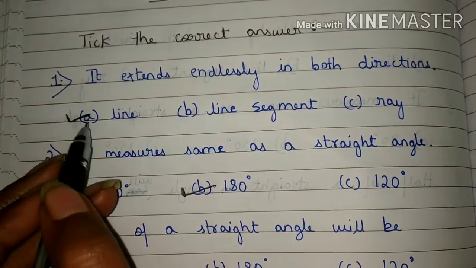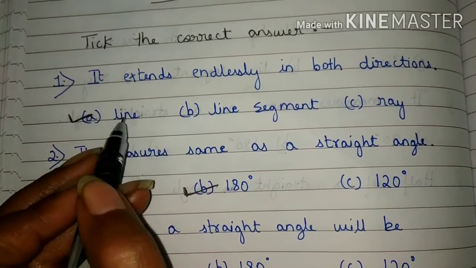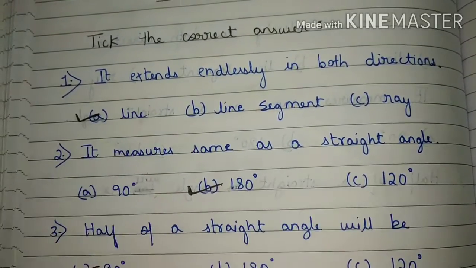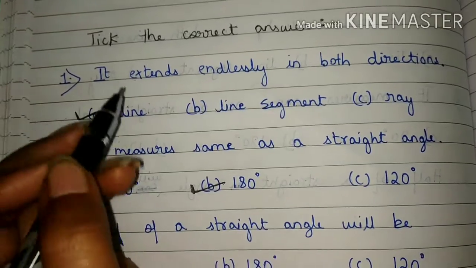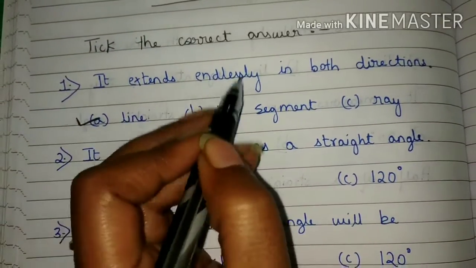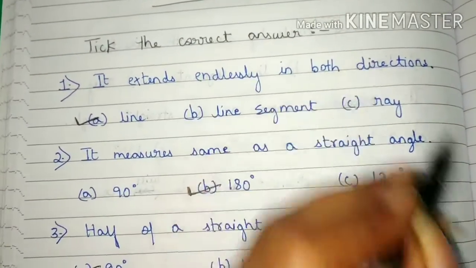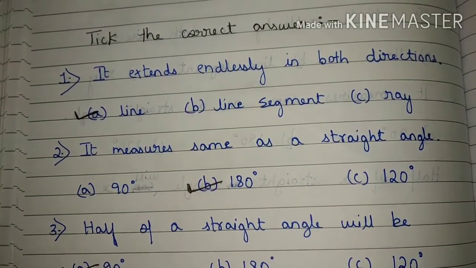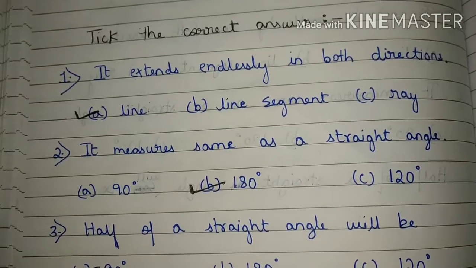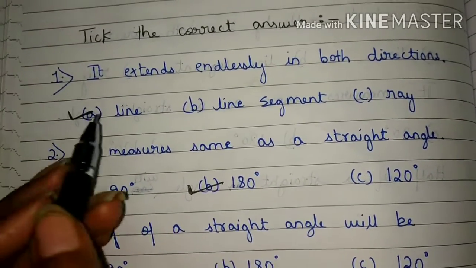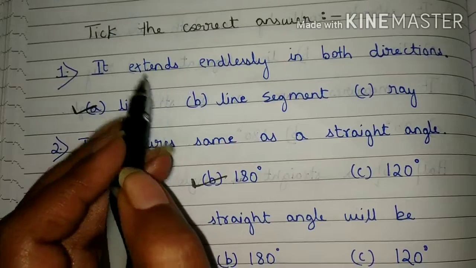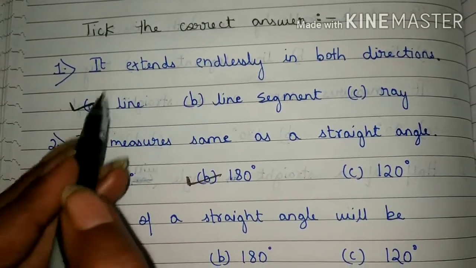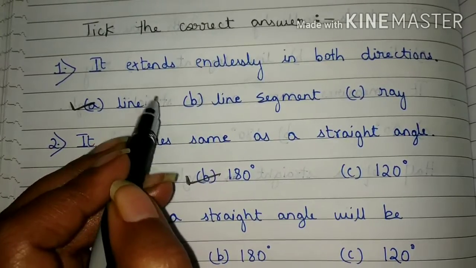So, option A, line, is the correct answer because a line has no endpoints, so it can be extended endlessly in both directions. So, students, a line extends endlessly in both directions. So, option A, line, is the correct answer.